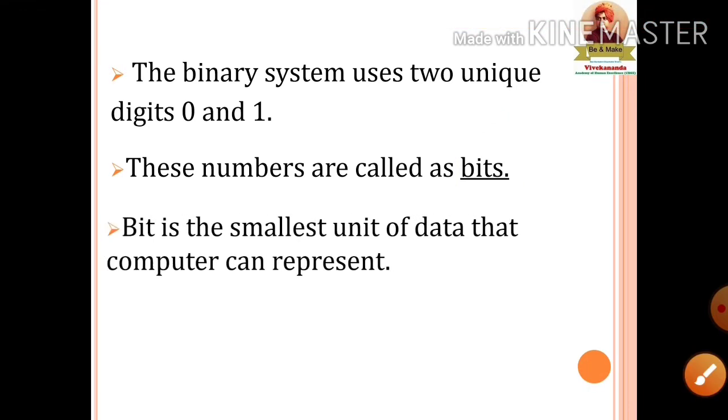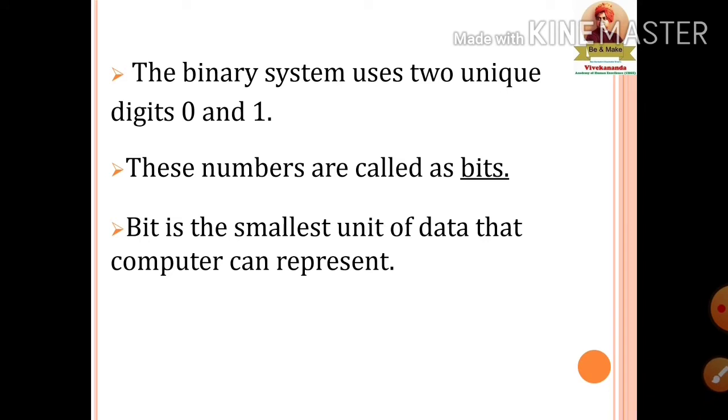Bit is a short form of binary digit and is the smallest unit of data that a computer can represent. So just remember that a bit is the smallest unit of data that a computer can represent. Here I have shown you that the digit 0 is considered as 1 bit and the digit 1 is also considered as another 1 bit in the binary number system.